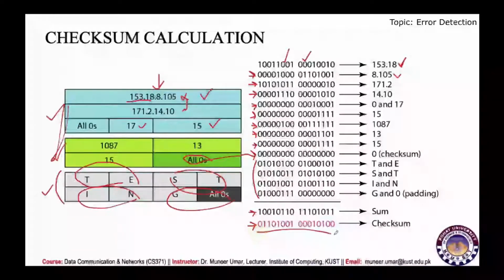And if on the receiving side all ones are computed, then we will say that there is no corruption in the data. Otherwise, the data would be corrupted.